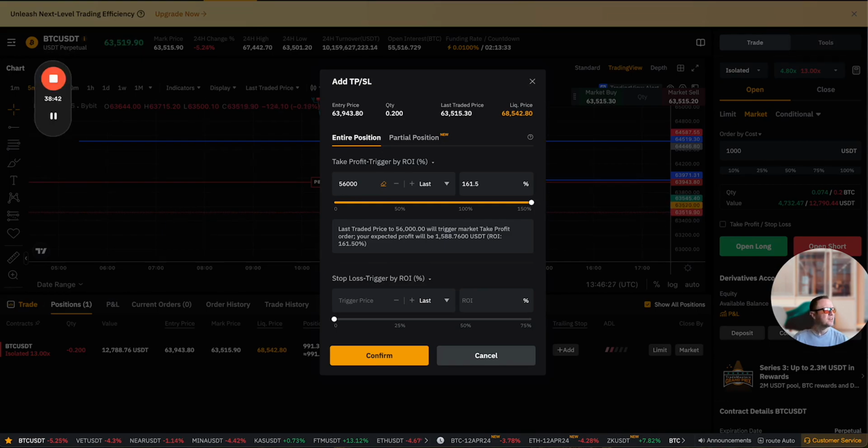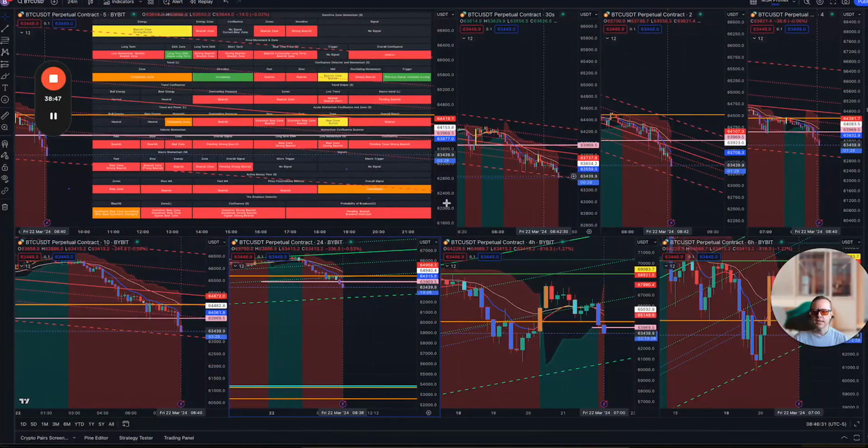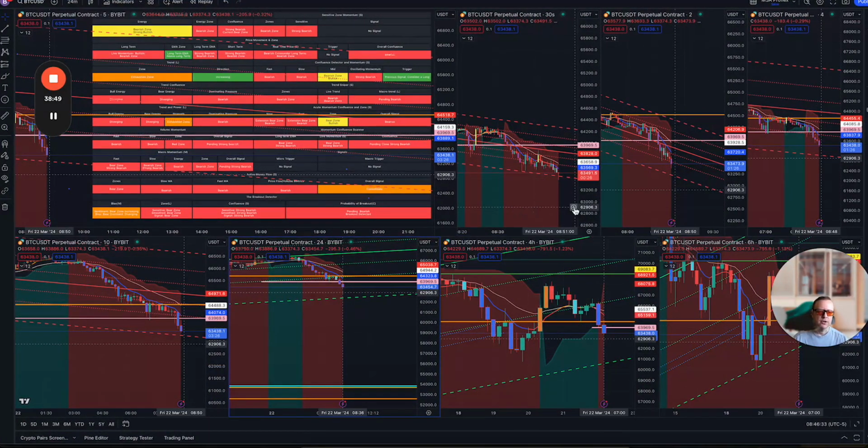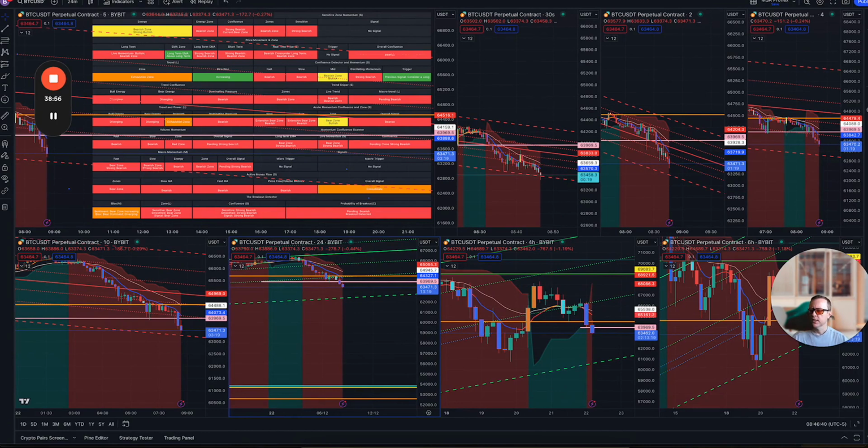If I look at something more shorter term, I think these channels are kind of breaking down, and I think they'll break a bit harder.